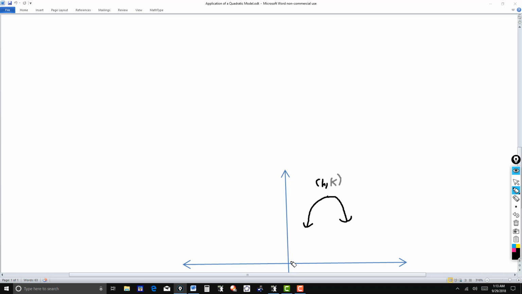Okay, so that means if we sell h units, then the profit we get is k. Okay, so in this case, because the graph opens downward, the highest or largest value the function can have is k. So we say k is the maximum profit. And it occurs when we sell, say, h units.